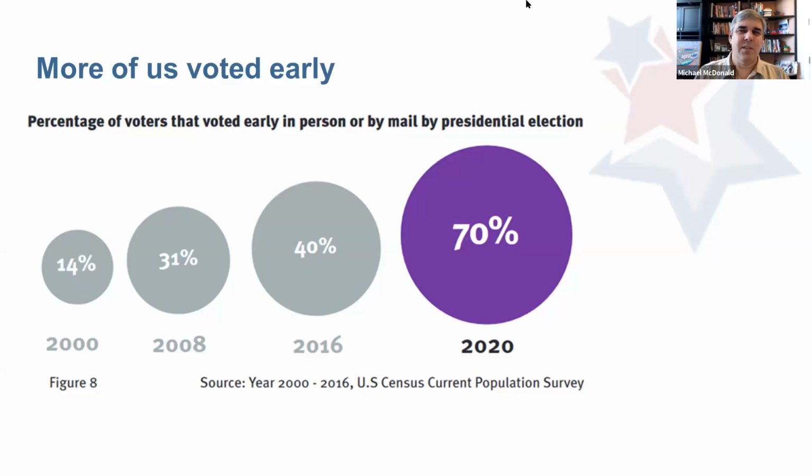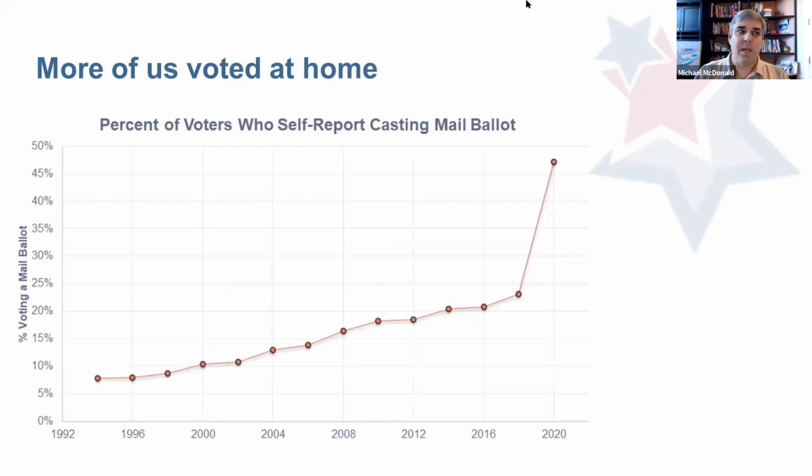So some of this increase is coming from voters changing their behavior and taking advantage of those policies that states are implementing, even if it's not an all-mail ballot state. People want to vote in person early or by mail. So we've seen this general slight creeping up of early voting over time, but we really saw this huge increase in 2020. If we go to the next slide, we can see what's really driving that. Again, it's the mail balloting.